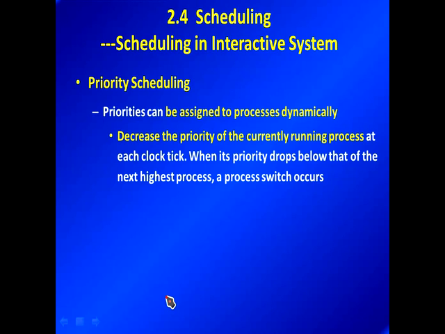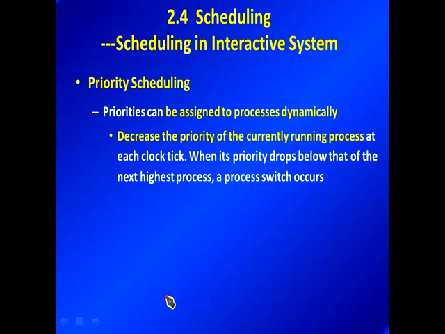We just decrease the priority of the currently running process. So even though we don't set the quantum for the processes, if we decrease the priority of the currently running process, finally this process will get a lower priority than a certain process in the waiting queue.